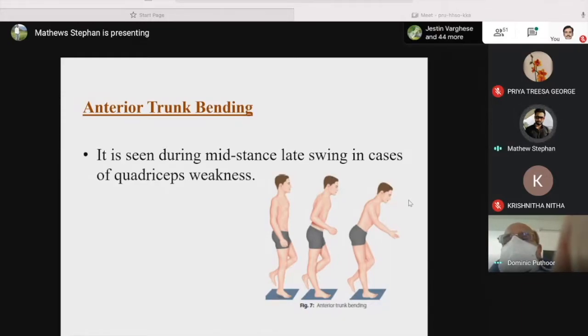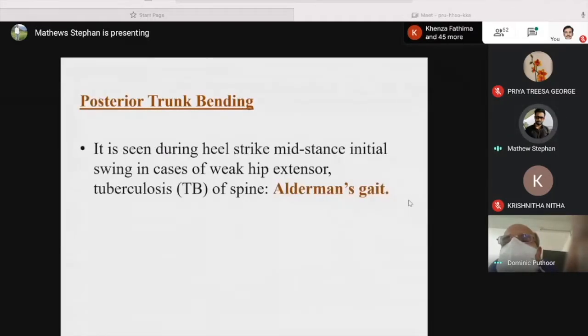As we have mentioned earlier, in quadriceps weakness, there will be an anterior trunk bending too, and the patient supports his knee with the hand. Posterior trunk bending, it is seen during heel strike, mid-stance, initial swing in case of weak hip extensors, and it is mainly seen in tuberculosis of spine and the name of the gait is alternate gait.